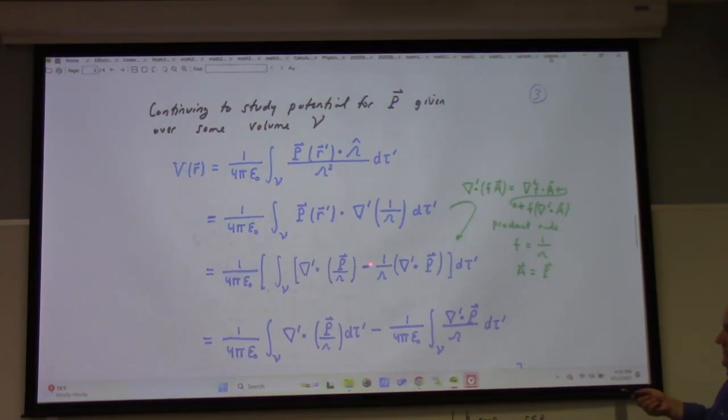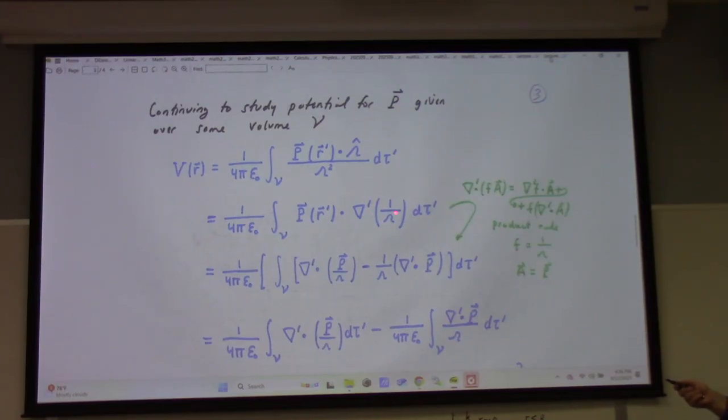Going from here to here is just that product. Remember that product rule you proved in homework 1? The divergence of a function times a vector is the gradient of the function dot the vector plus f times the divergence of the vector field. That's still true for the prime gradient.